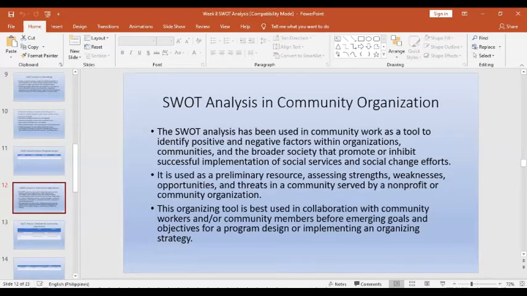Because we cannot make decisions or establish a plan or strategies without analyzing the environment. This SWOT analysis is also an organizational tool that can be used for collaboration of the community members towards emerging goals and objectives, implementing the program design, and organizing the strategy.